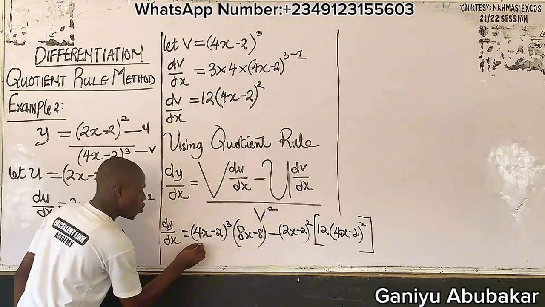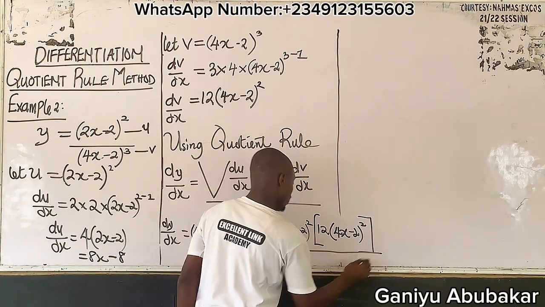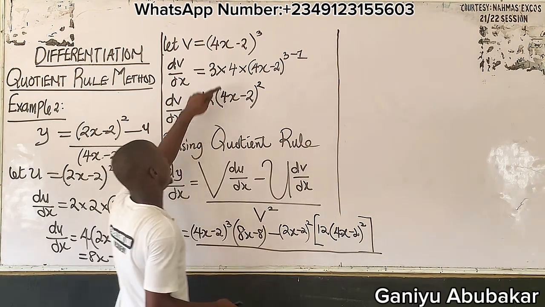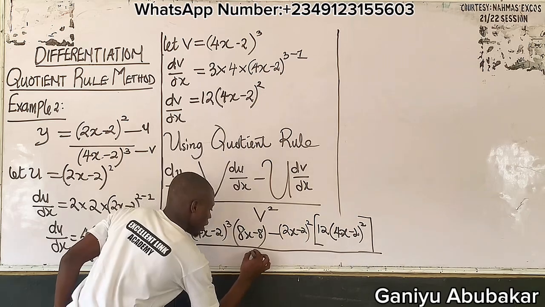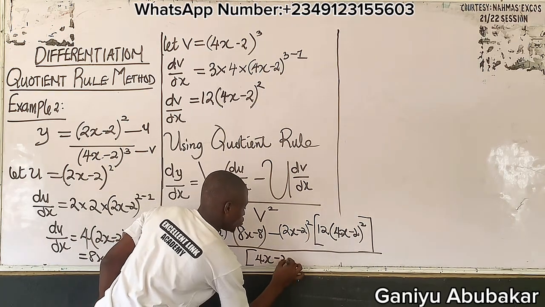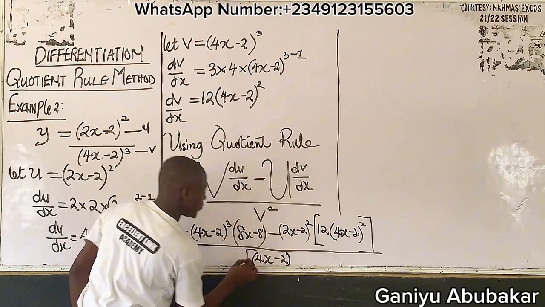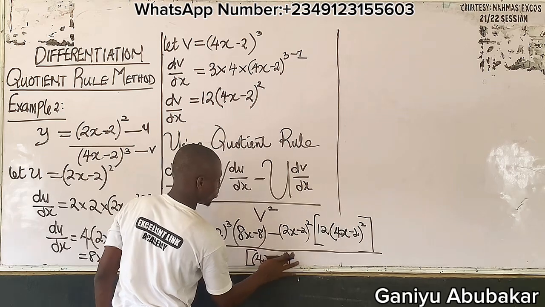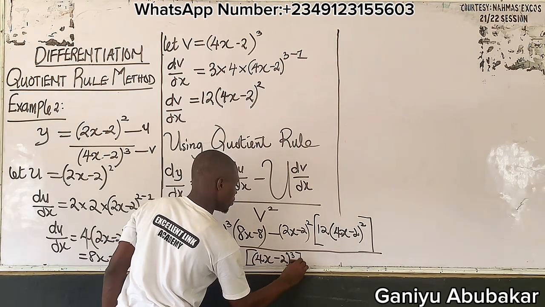So next up, all over v squared. What's v? This value, that's (4x - 2)³.